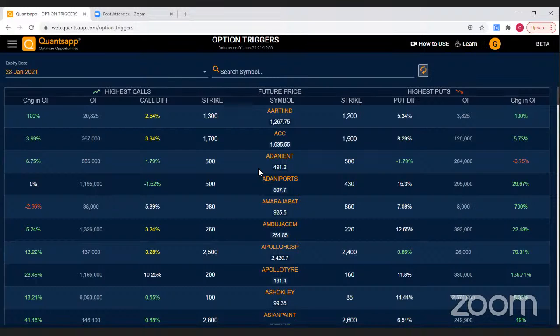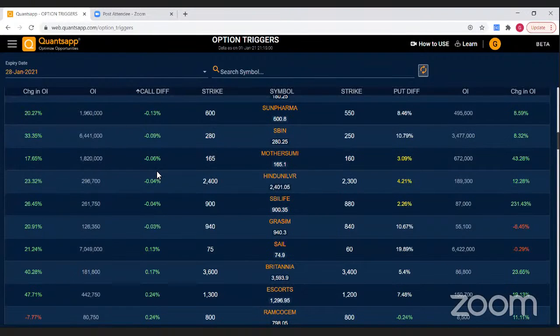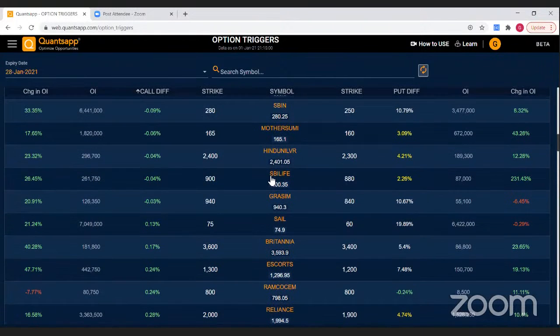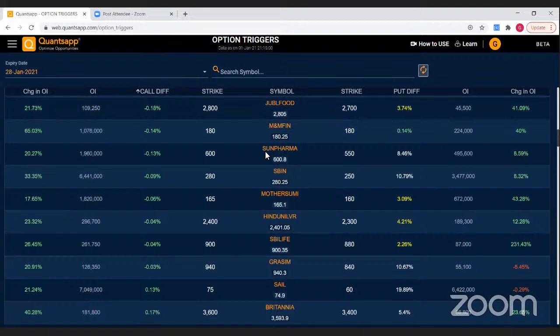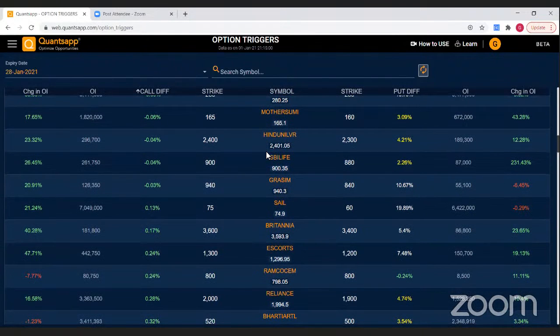If I go to the highest call difference and figure out the stocks, if I look here: Sail, Britannia, Scott's, Grasim, SBI Life, Hindustan Unilever, Motherson, SBI, Sun Pharma, M&M, Jubilant Food, LT. So these are the stocks which are nearby to their highest call.